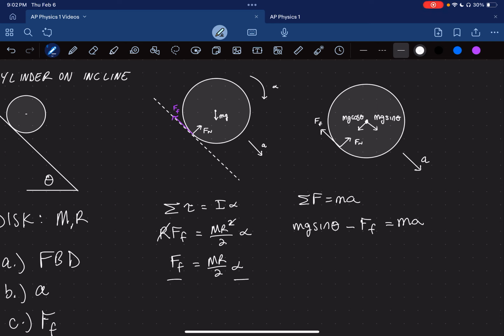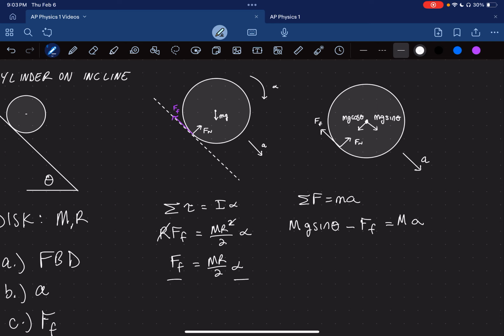Again, I should be doing capital MG. And Fn and mg cosine theta don't contribute to this acceleration.